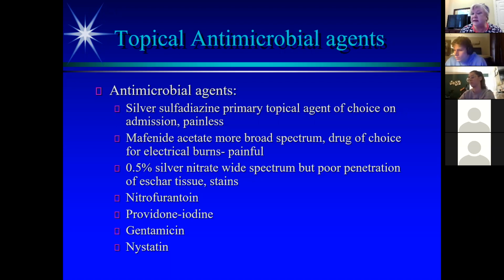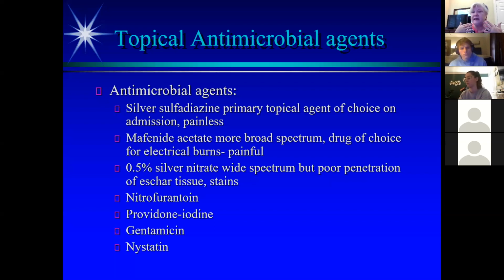We could use gentamicin and nystatin. Silvadene is not used on the face or the neck or the ears or the penis, because Silvadene can cause increased scarring. So if someone's getting Silvadene all over their chest, their back, their arms, their hands, we do not put it on their face.